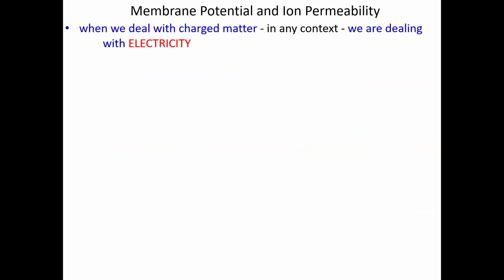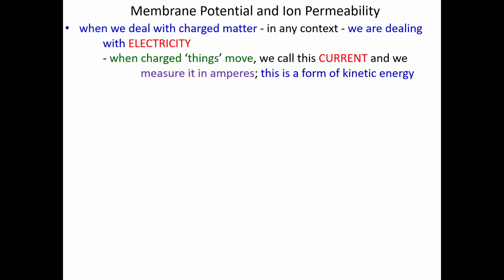So when we deal with charged particles, we're talking about electricity. And most of the time when we talk about electricity, we're talking about electrons, and that's why it's called electricity. But truly, the fundamental principles of electricity depend on the movement of ions, whether they're electrons or any other kind of ion. And when ions move, we call that current.